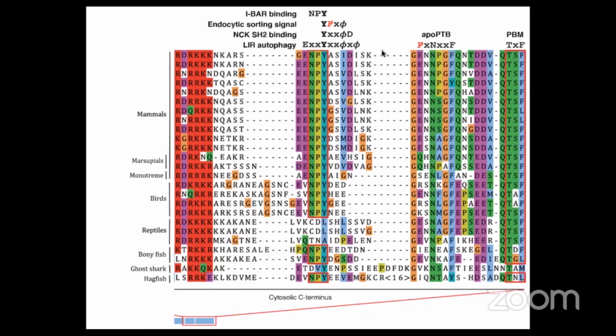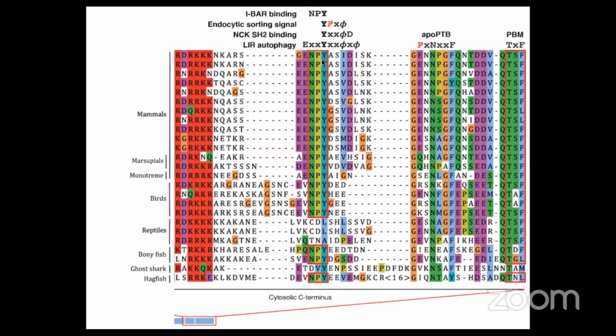So I'll just go from the top motif there, the I bar motif, this MPY. This MPY motif is known from pathogenic E. coli bacteria, but nobody has ever studied any human proteins with these MPY motifs. The I bar domain it binds to bends membranes.